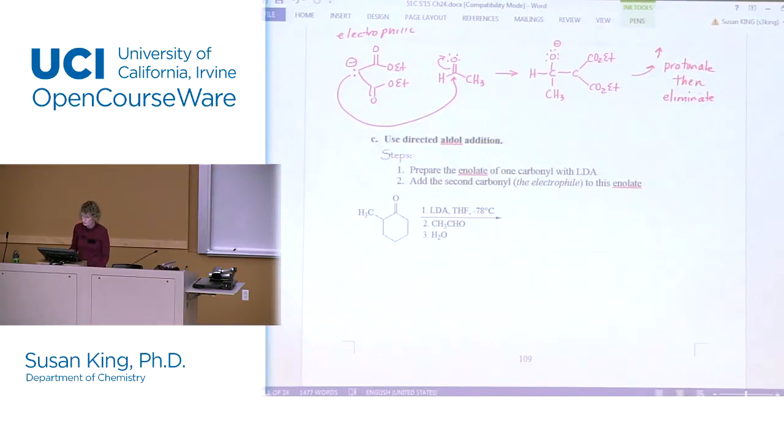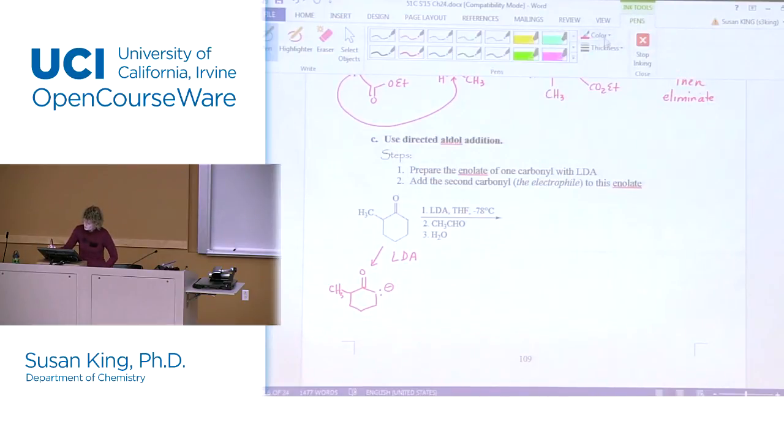So here's what you do. You prepare the enolate of one carbonyl with LDA. So do chapter 23 chemistry, completely form the enolate, and then add the second carbonyl to this enolate. So let's see what that looks like. LDA gives you mostly the kinetic enolate.